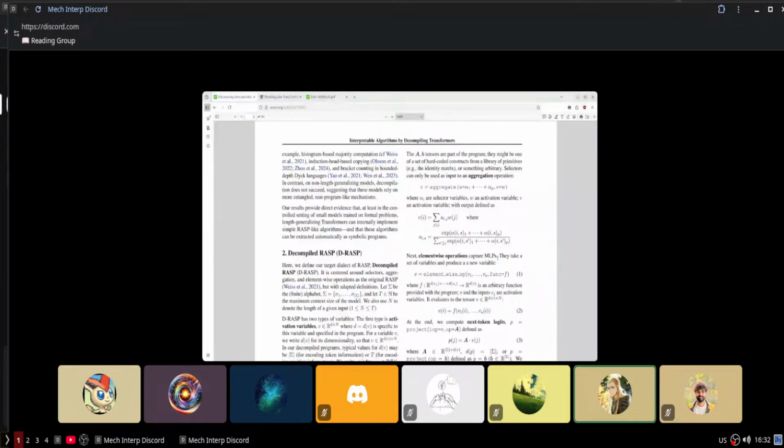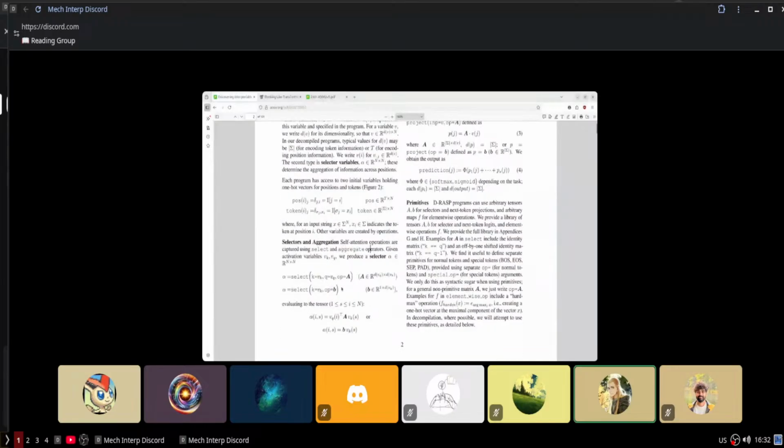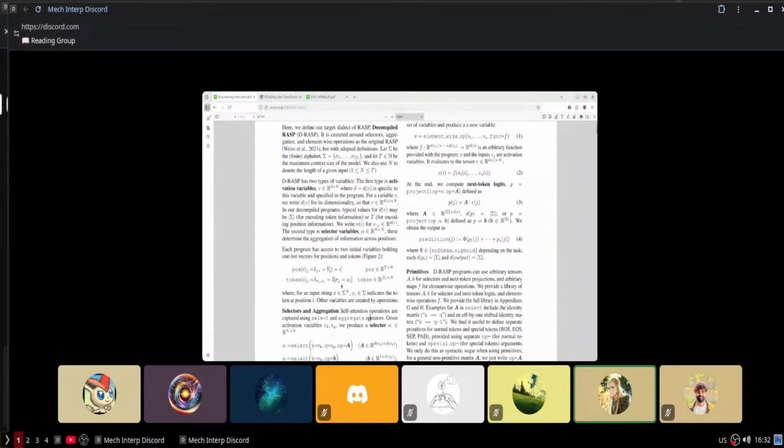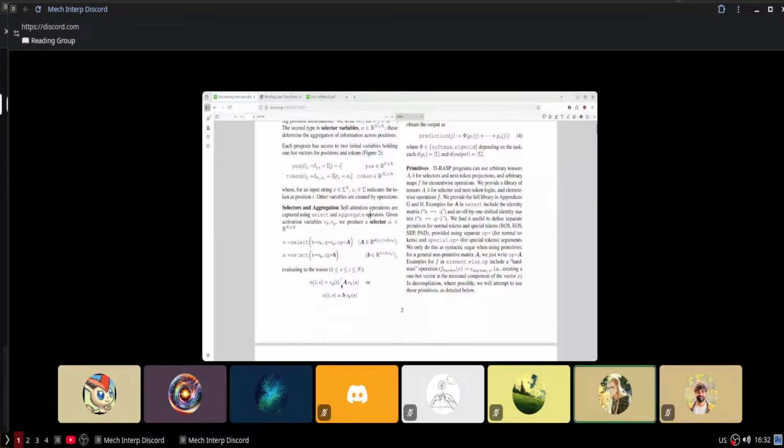The selector is an operator in R to the n by n. Alpha equals select, k equals vk, q equals vq, op equals a. And beta equals select, k equals vk, op equals b.